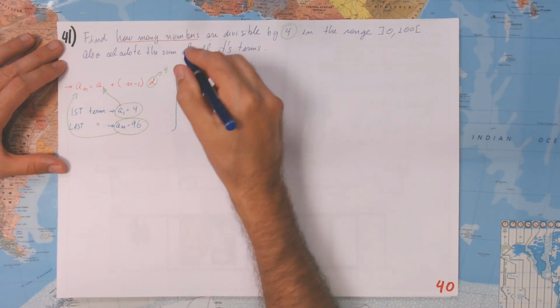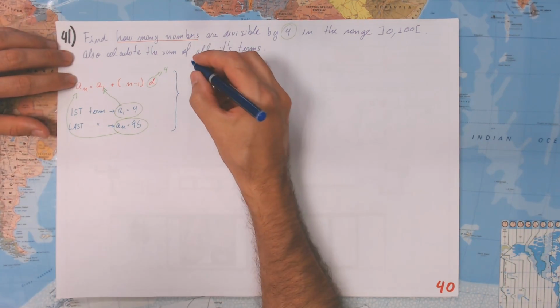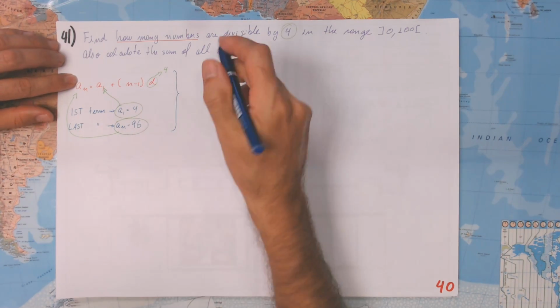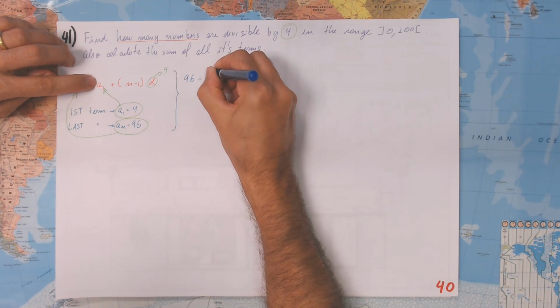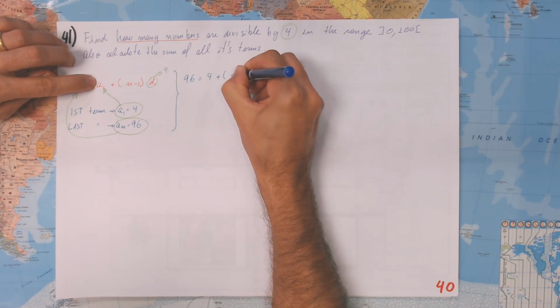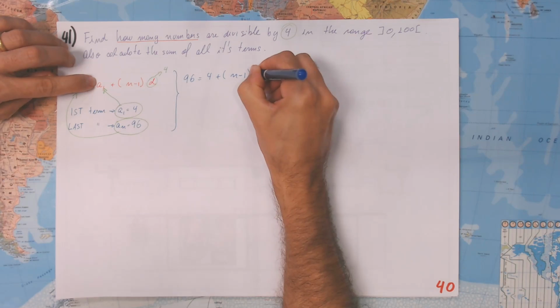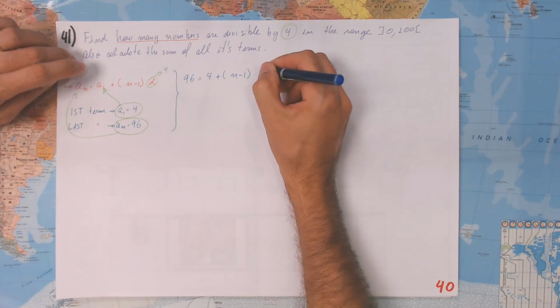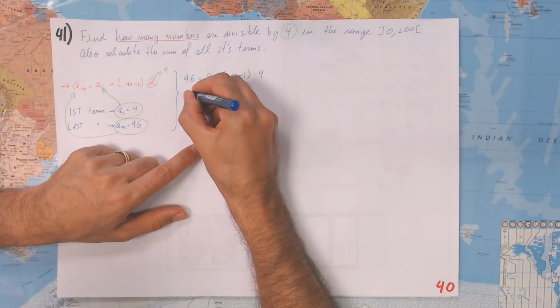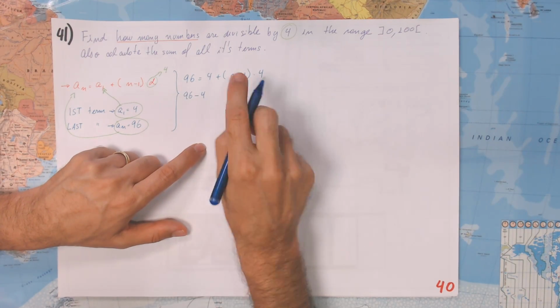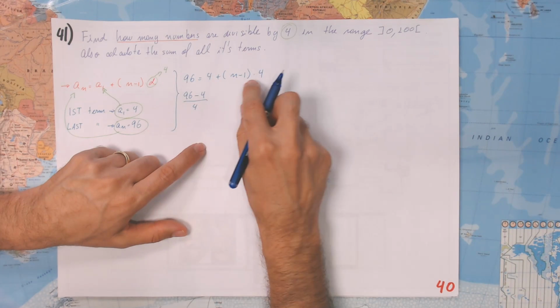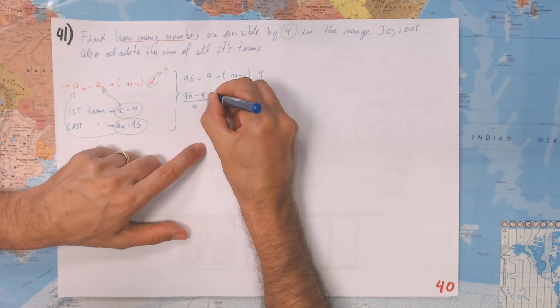n is how many terms. Now let's just apply this. I'm going to plug in everything now. It's going to be 96 is equal to 4 plus, we are going to find out what n is, times 4, right? What is it going to be? It's going to be 96 minus 4, okay? Now divided by 4 and add the 1.